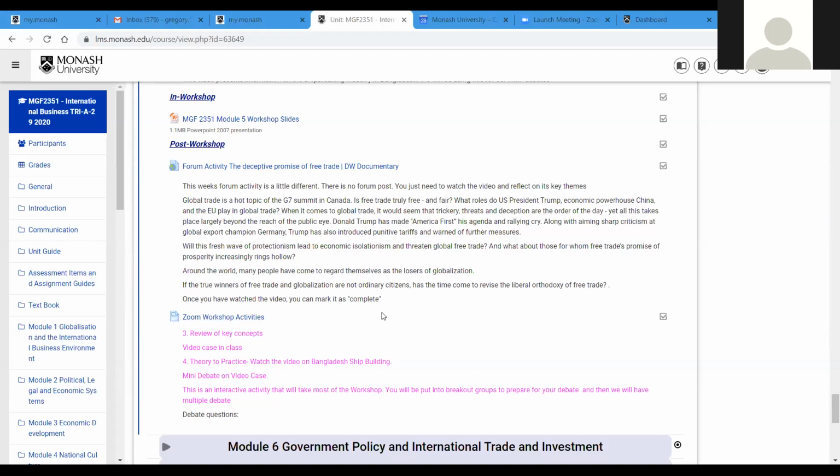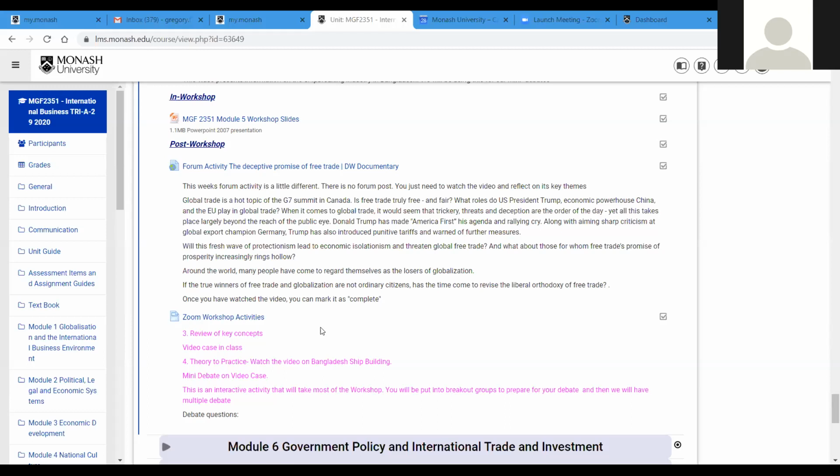So it's a more holistic introduction to what we're dealing with over the next few weeks, and it provides a pretty clear theoretical base. In the workshop, we're going to use that video case to have an interactive debate, and the interactive debate questions will come out next Friday in the workshop. So you'll have time in the workshop. We're going to do a little bit of review of our theories.